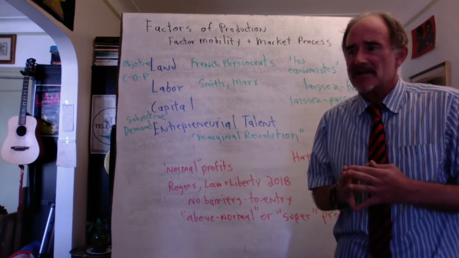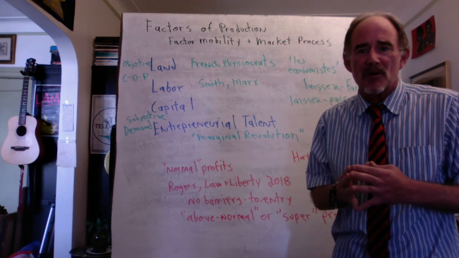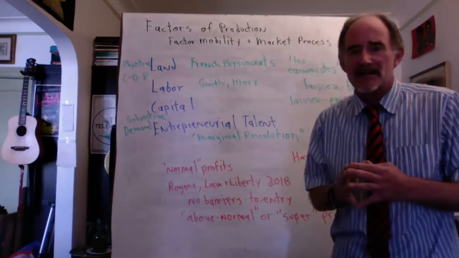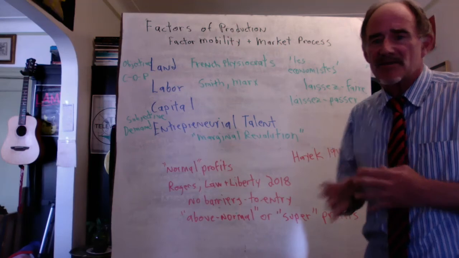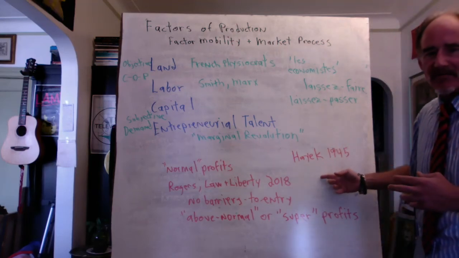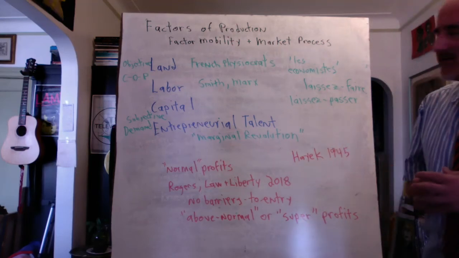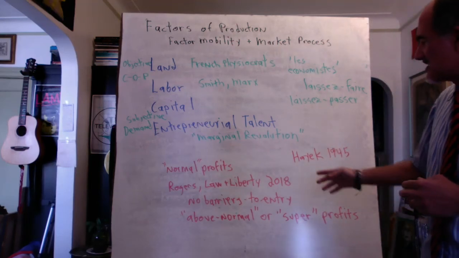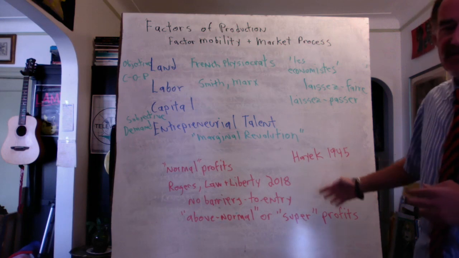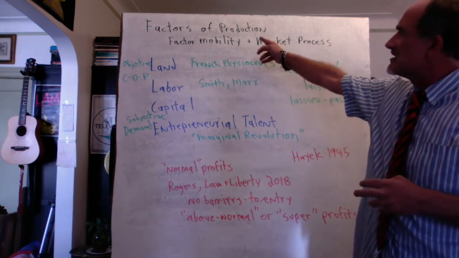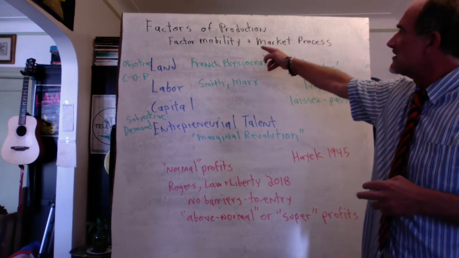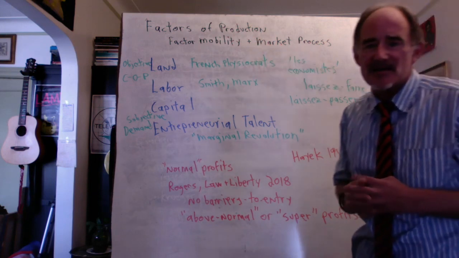And you'll see that with rent control, minimum wage, prohibition, things like that. When the market process isn't allowed to work, you get social crisis. The basis for that understanding is from Hayek, Use of Knowledge in Society. So that's the teaching module on factors of production, factor mobility and the market process. Thank you.